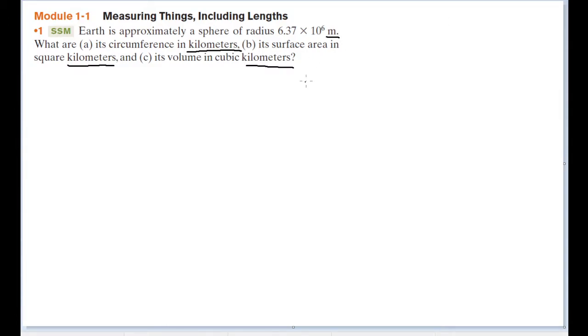Now, technically, in theory, you could do this either way. You could convert to kilometers first and then do each of the calculations for circumference and surface area. Or you could do the calculations for each of these parts first and then convert later.